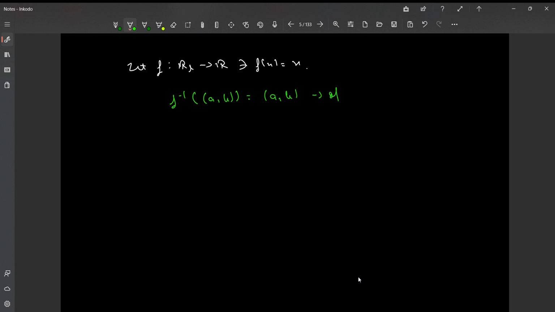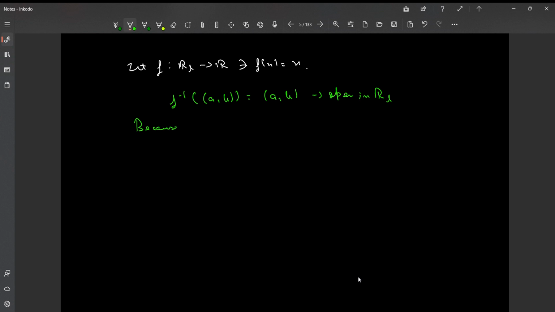But what if we define f from R_L to R by the same mapping? Let f be a mapping from R_L to R, the same identity mapping. In this case, observe that f inverse of the open interval (A, B) is the open interval (A, B), and the open interval (A, B) is open in R_L.